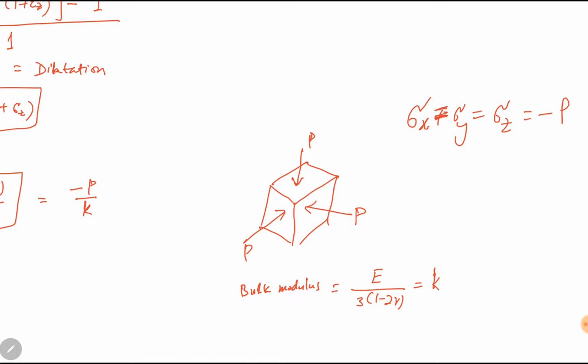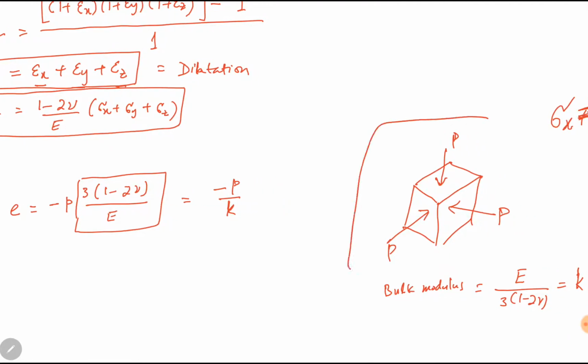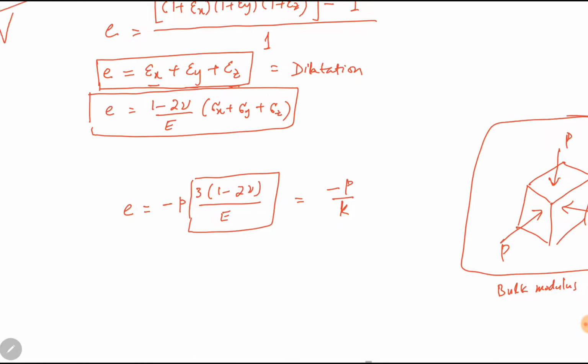Since this change in volume must be negative because this body is under compression, the net value of e must be negative. If the value of e is negative, it means, as this expression is already minus p over K, that K should be positive.